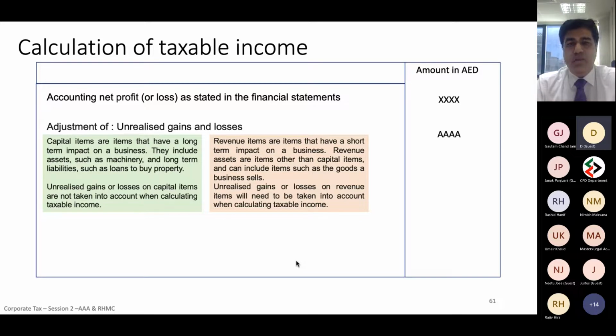But if those items are revenue items that have a short-term impact on the business, meaning assets other than the capital assets we referred to, then even unrealized gains or losses on revenue items will need to be taken into account while calculating taxable income. A typical example is revaluation of stock.